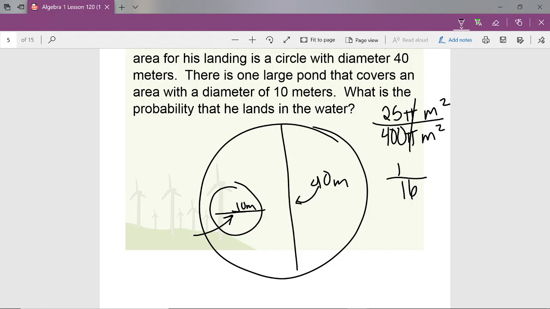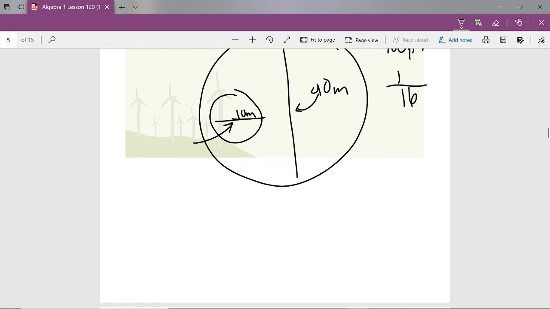If we wanted the probability of him not getting in the water, we would use the reverse of that, so 15/16. Okay, so with this, you can do either way, depending on what they're asking, just based on the area of the big one compared to the area of what you're trying to get with that probability.